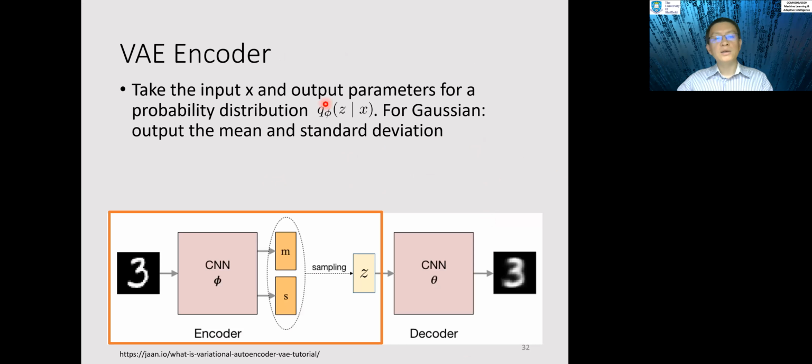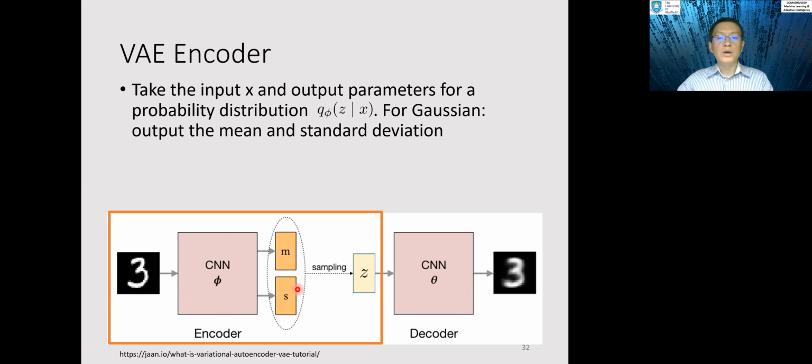So let's look at the encoder in more detail. The encoder will take the input, for example, a digit image, and pass it through a neural network to generate parameters for a probability distribution.